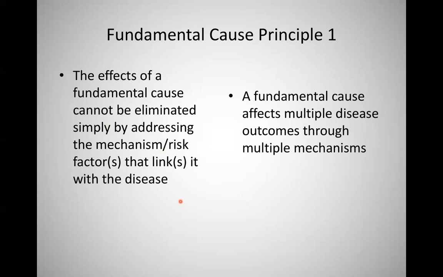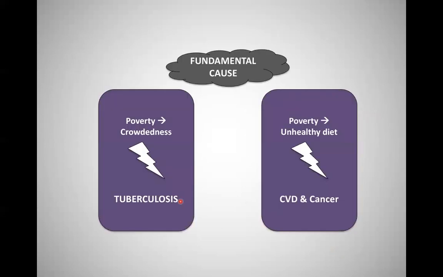Let me go back to this slide. So the fundamental social cause approach says that we can work on unhealthy diet. We can provide information and knowledge and raise awareness about what is healthy and what a healthy diet is and how people should eat.